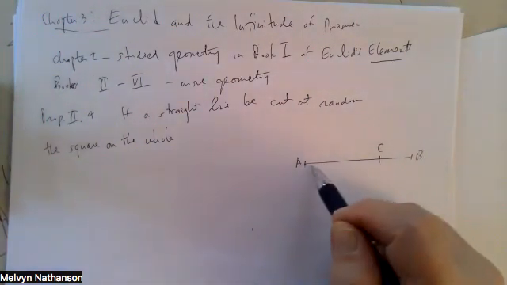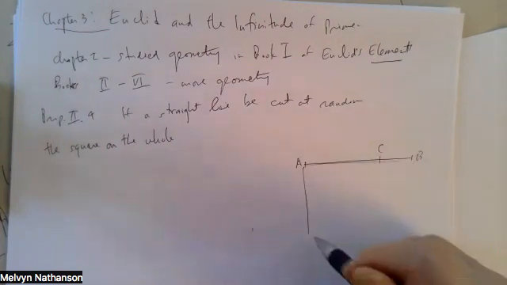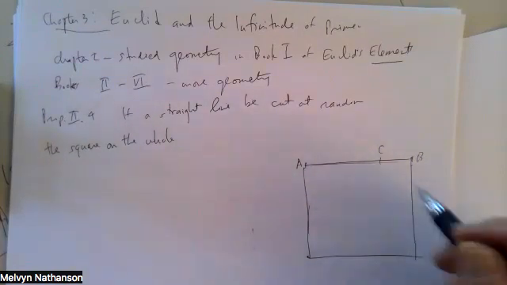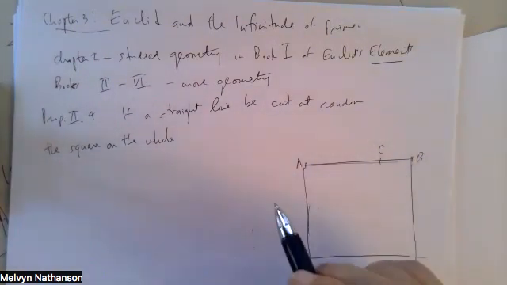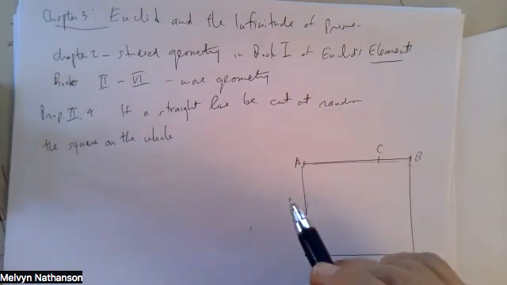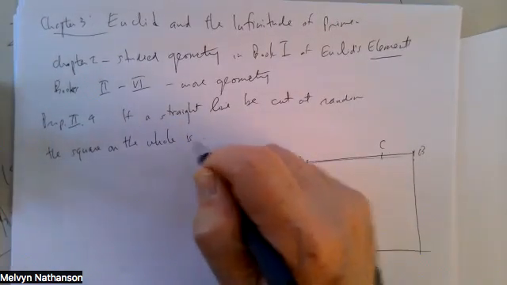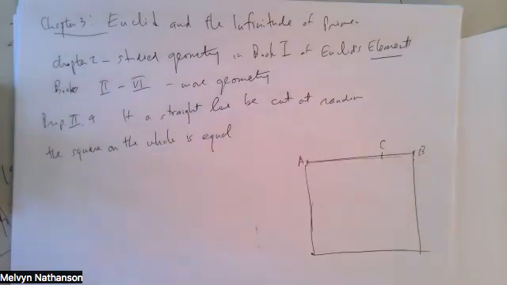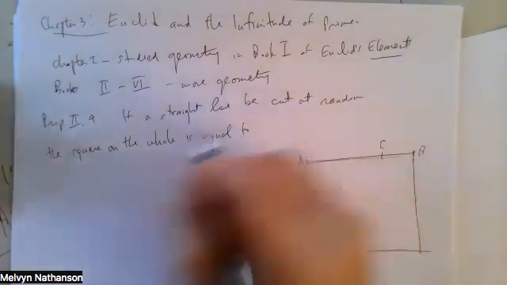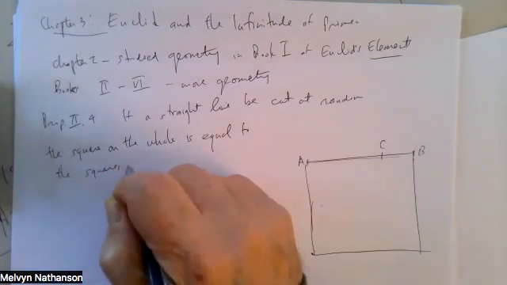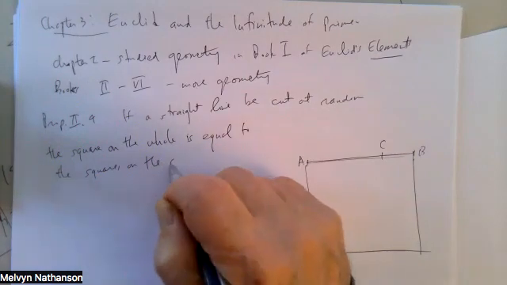So here's the line from A to B, and this is the square on the whole. It says the square on the whole is equal to the squares on the segments.